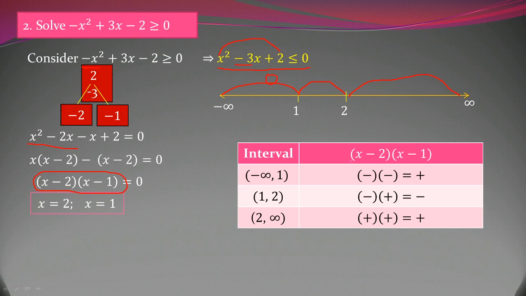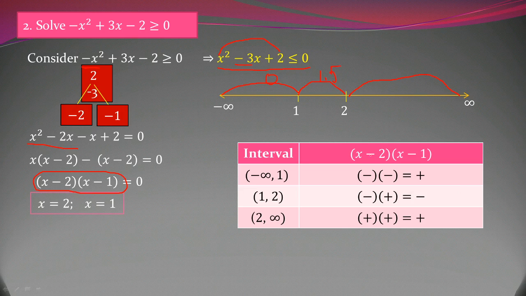If you take 0, what you will have? 0 minus 2 is minus 2, so minus. 0 minus 1 is minus 1, therefore minus. So minus into minus will be positive. Then in this interval you take let us take 1.5.